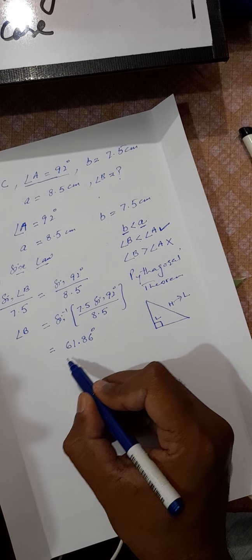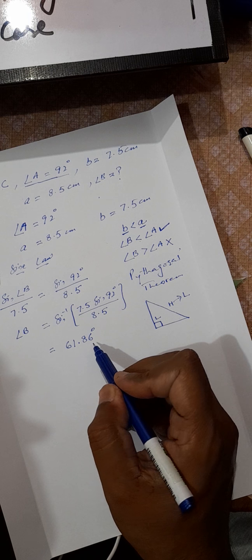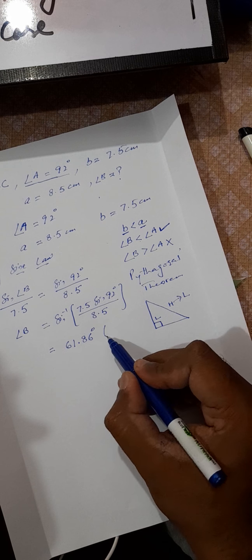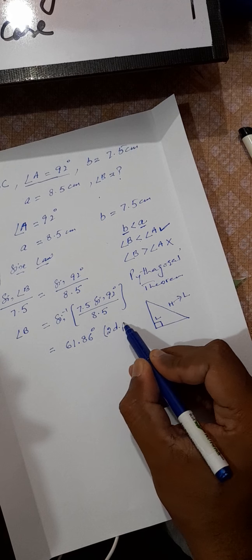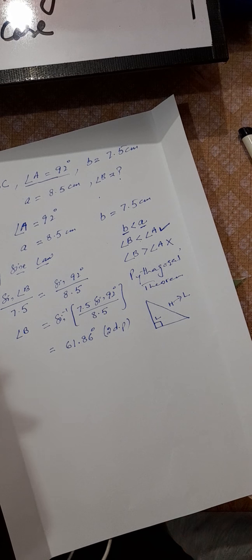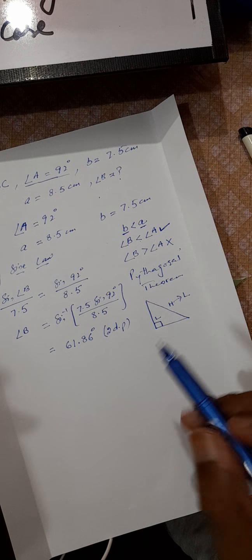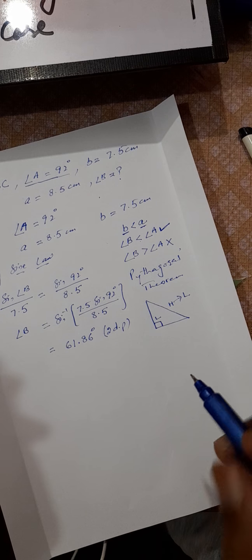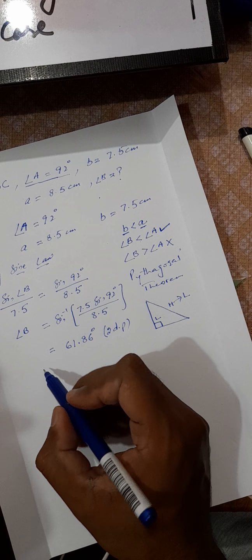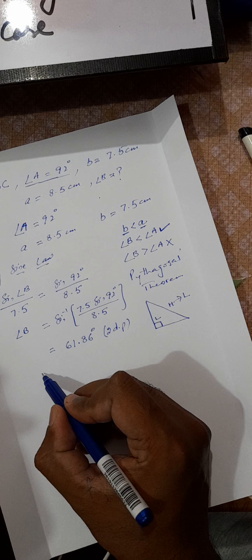So you can write down 61.9, to 1 decimal place. It depends upon the condition: if they ask you according to the decimal places, you will write the answer accordingly.